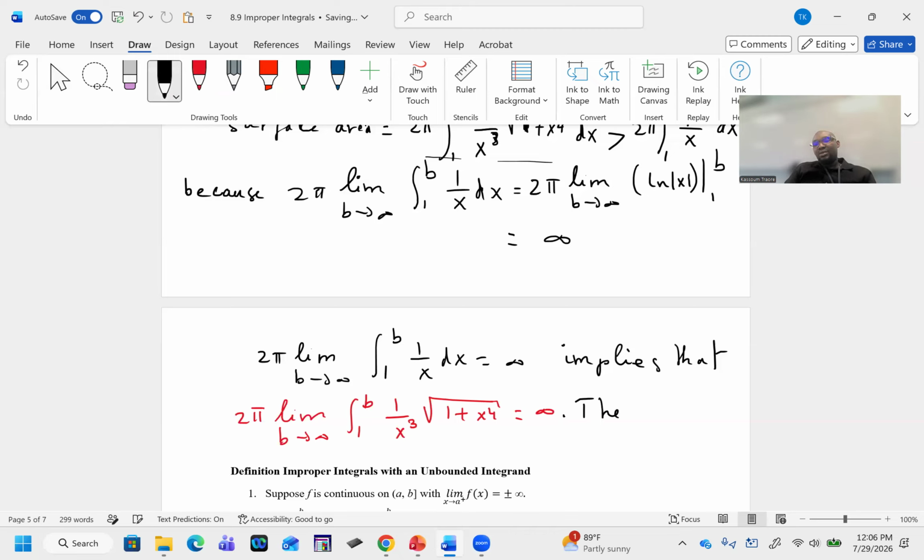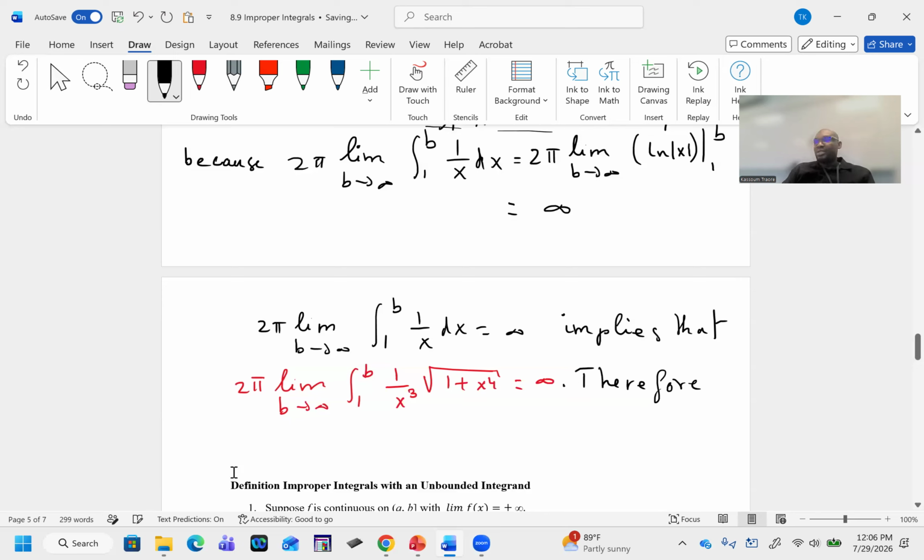Therefore, we will discuss this one at the end, okay? This is called the comparison test. Therefore, the integral diverges.